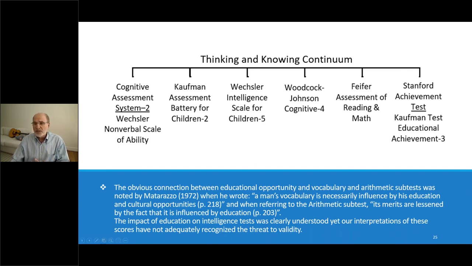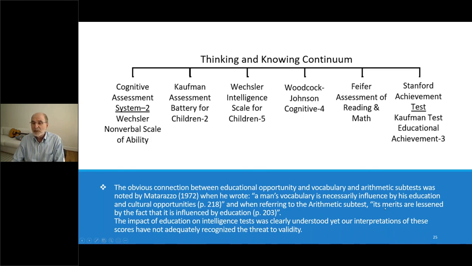And just as a point of reference here, if you read Joe Matarazzo, I don't think he is as widely known as he was when I was first learning cognitive assessment, but he and Wechsler wrote a lot together, and he has a very famous book, Wechsler's Appraisal of Adult Intelligence. I've known Joe for a long time. I have tremendous respect for him, and I've spoken to him about this. But if you read their book, Joe clearly says that a man's vocabulary is necessarily influenced by his educational and cultural opportunities.